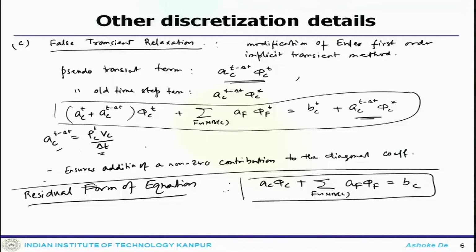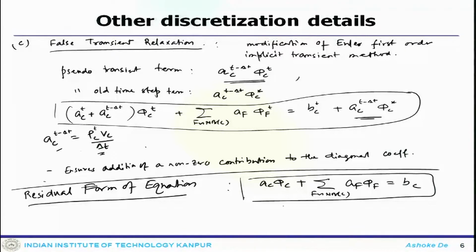Now, it can be written in correction or residual form by rearranging the terms so that we solve for the correction needed to satisfy the equation.